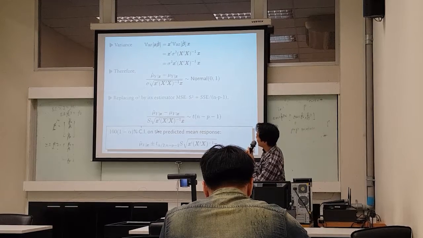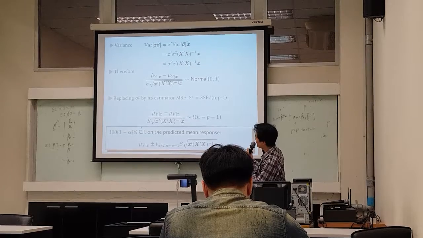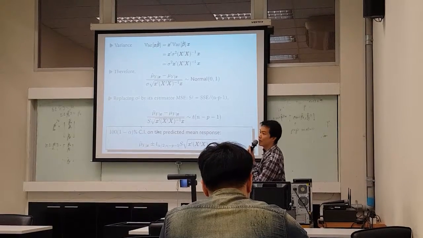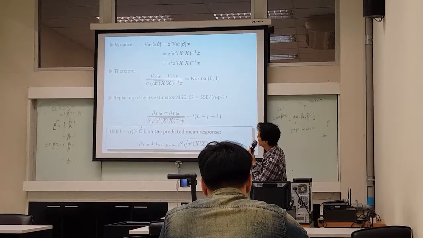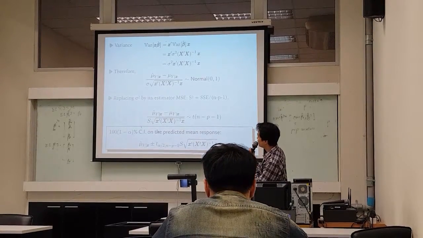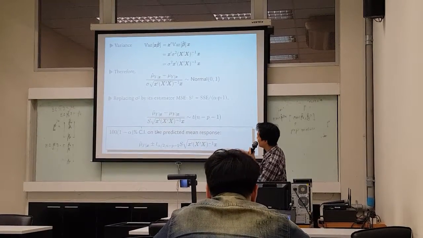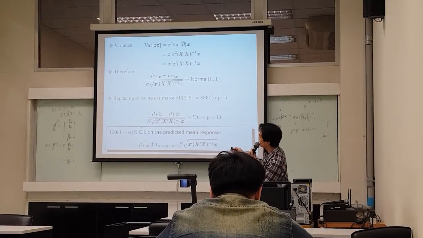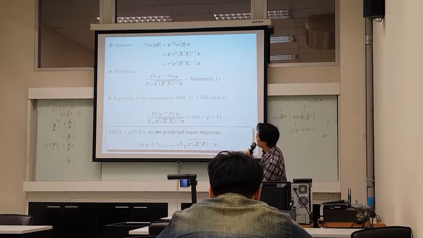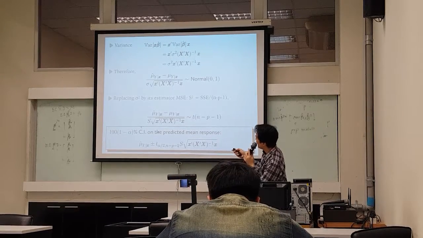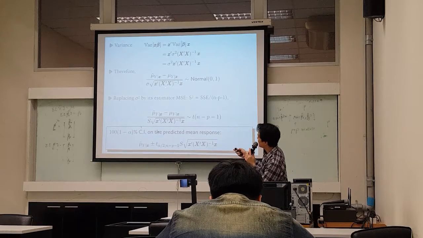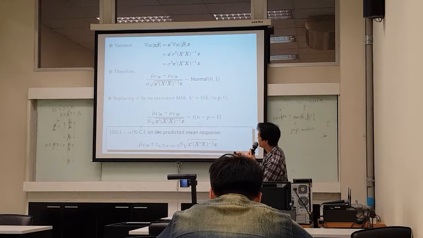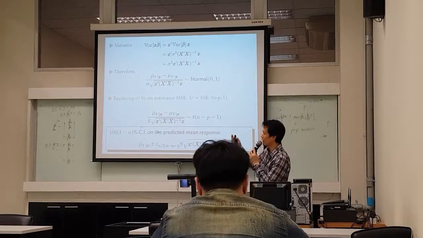This small x is the value of the predictors where you want to predict the new value of y, the new observation. This capital X is the matrix from the data set that you used to fit the model.